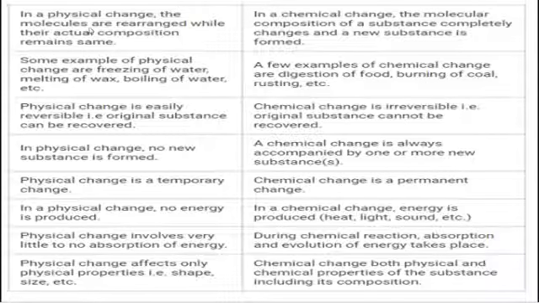What are the differences between physical and chemical change? In a physical change, the molecules are rearranged while their actual composition remains the same. In a chemical change, the molecular composition of a substance completely changes and a new substance is formed.